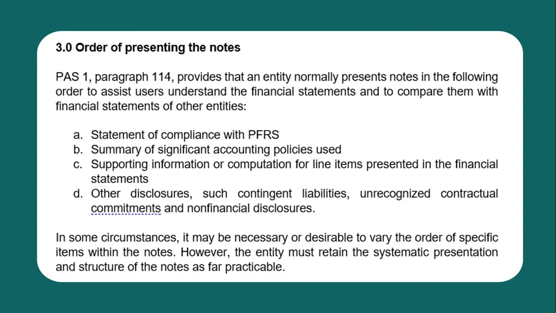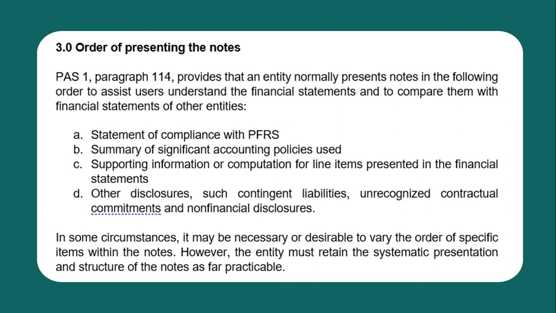So in that section, the reporting entity states that, in accordance with the related accounting standard, it has complied and presented the information in the financial statements in accordance with the PFRS. So, kumbaga, iyahang compliance statement.